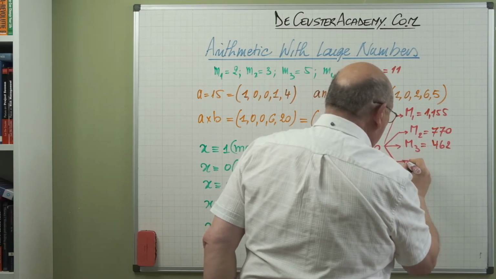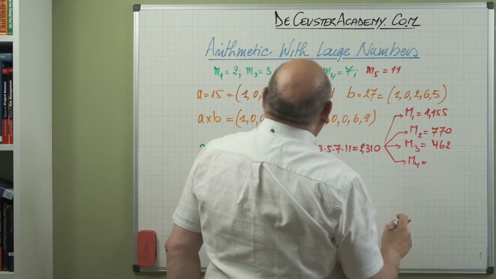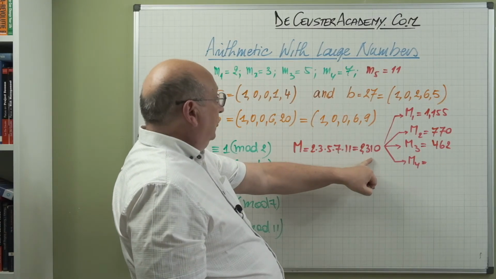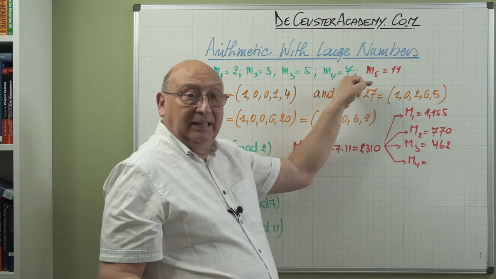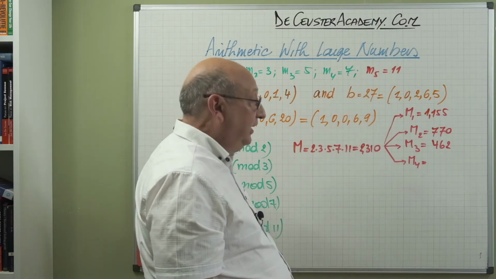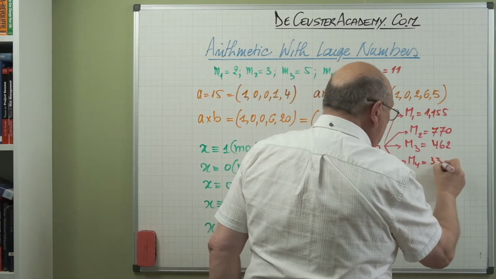Then we have m4, which is 2310 divided by 7, which is 330.